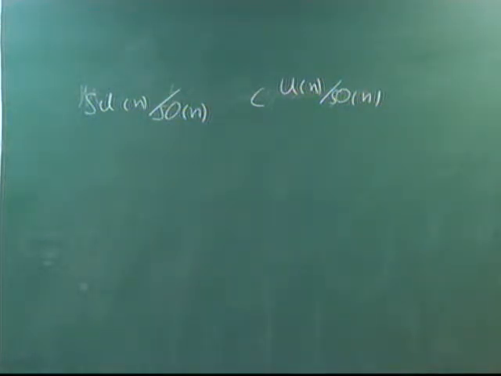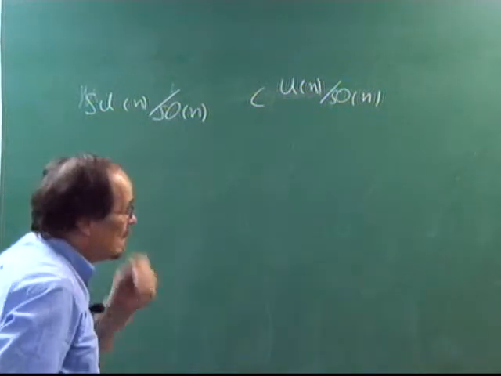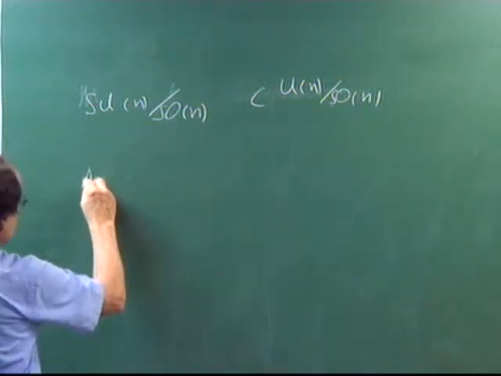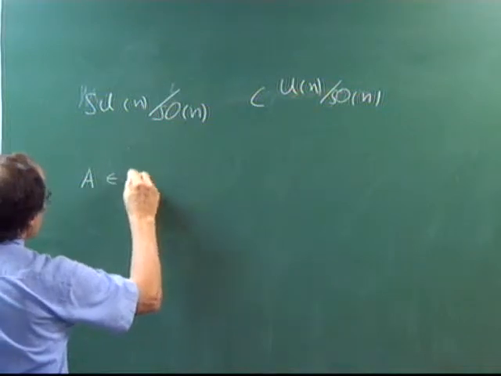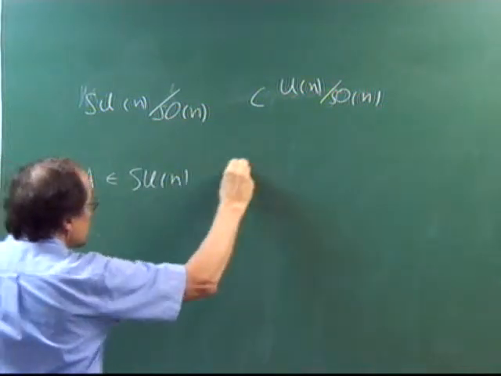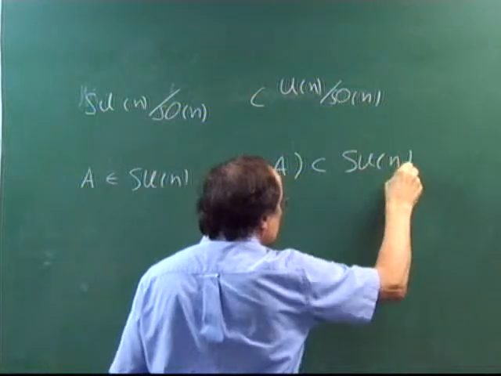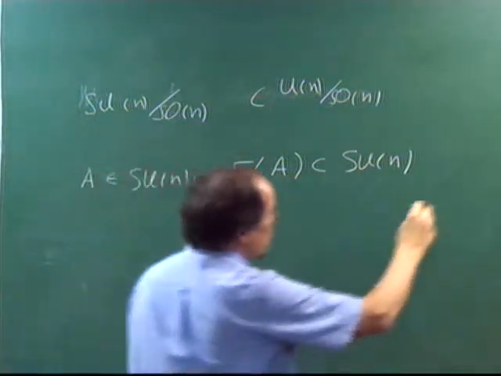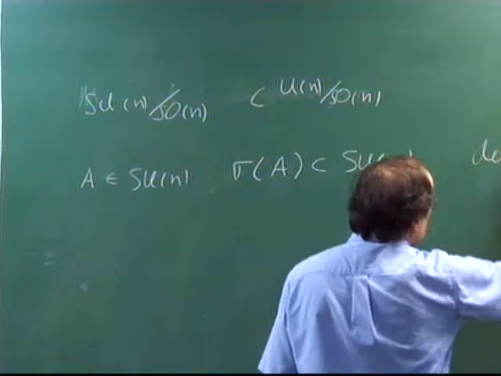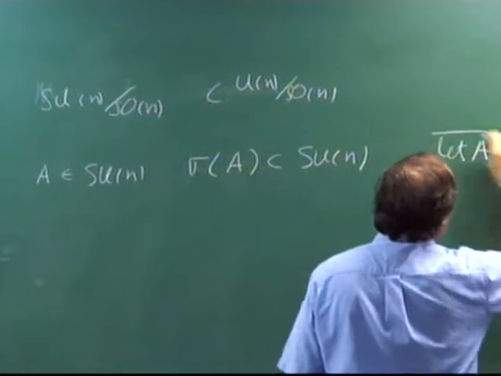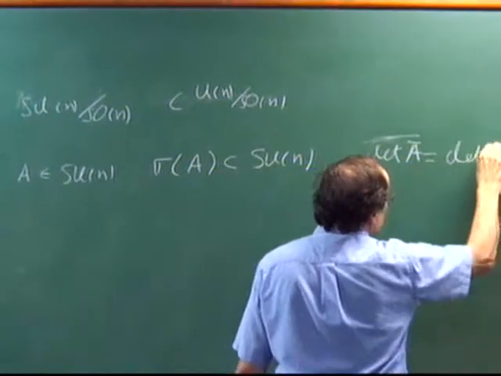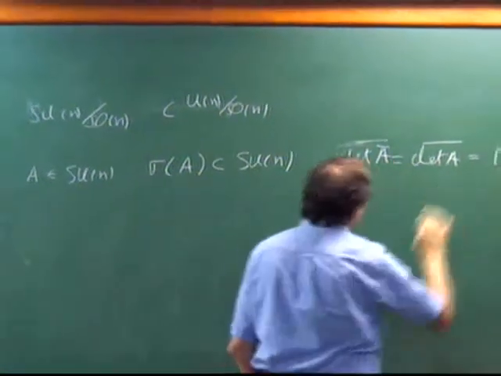I can look at the subgroup that has determinant 1. And I notice that if A lies in SUN, then sigma of A also lies in SUN, since the determinant of A bar is the conjugate, and that's 1 again.